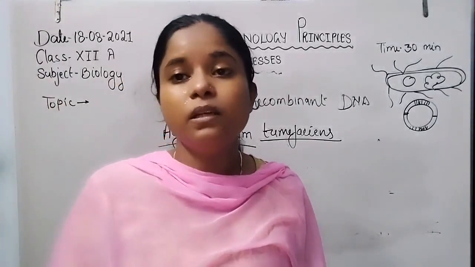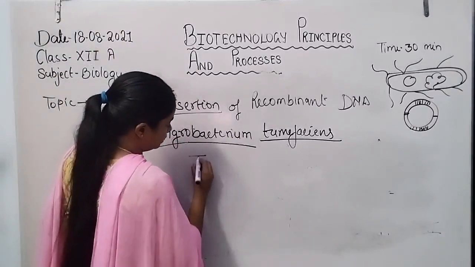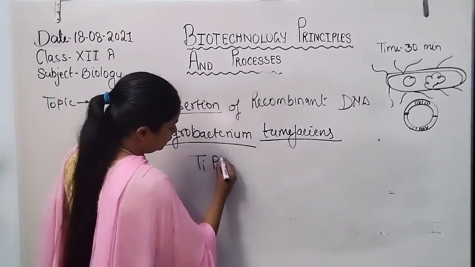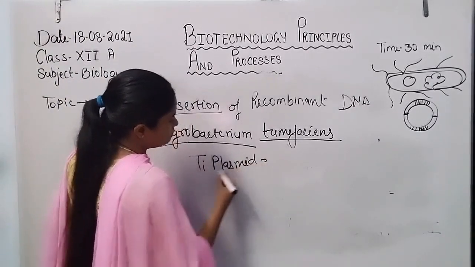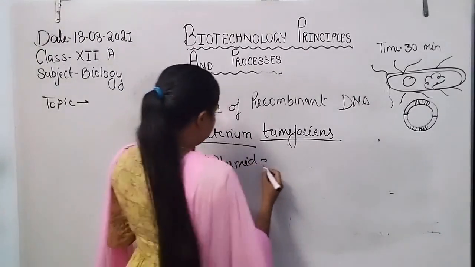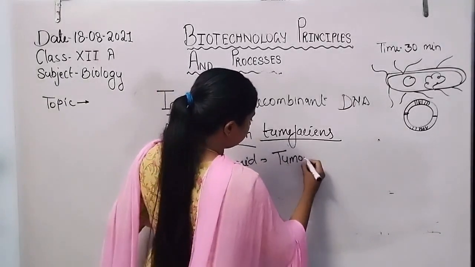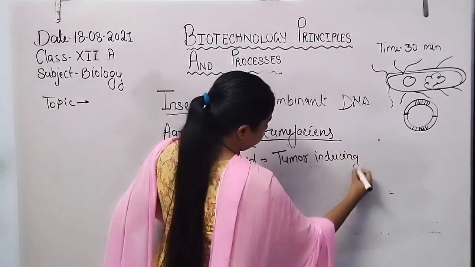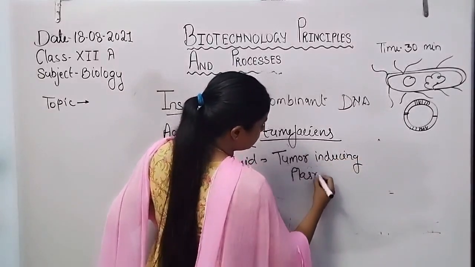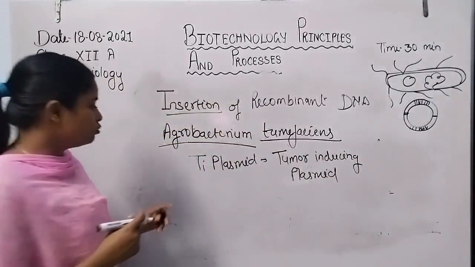Agrobacterium is simply a bacteria which has the TI plasmid. Now, TI plasmid refers to the tumor inducing plasmid. Tumor inducing plasmid.